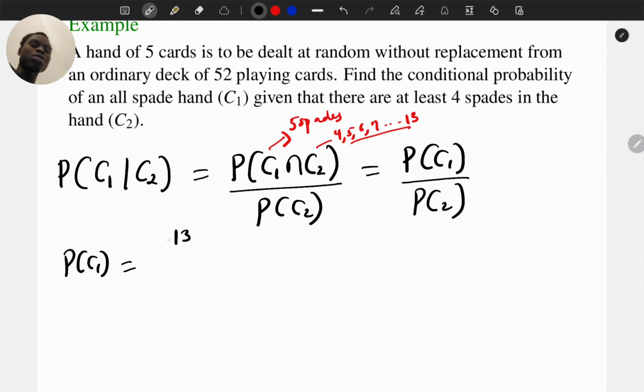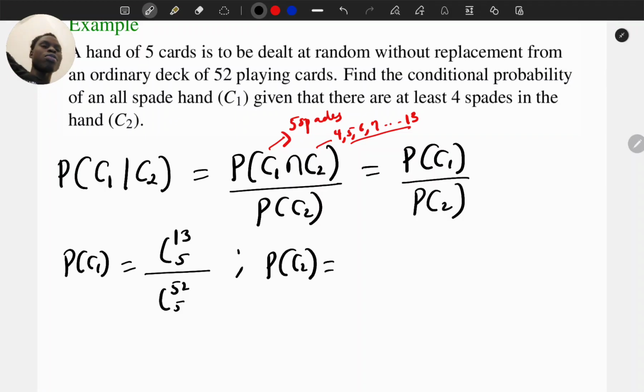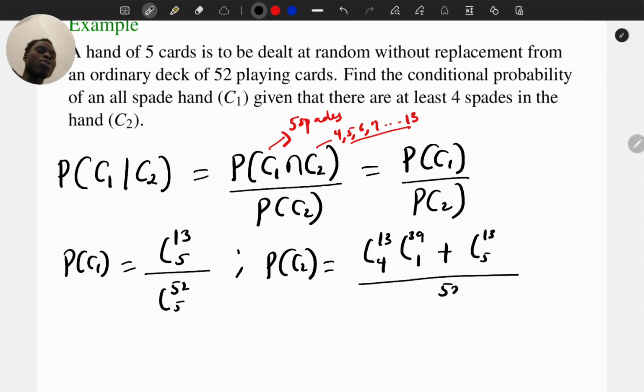We know we have 13 spades, and out of the 13 spades we pick only 5, and the total number of outcomes is 52 choose 5. For C2, at least 4 spades in the hand, that means out of 13 spades we pick 4, and don't forget our hand has to be 5 cards. So we pick the remaining one from the other 39 cards, if we subtract 13 from 52, or we pick all 5 from the 13 spades, over the total outcomes, which is 52 choose 5.